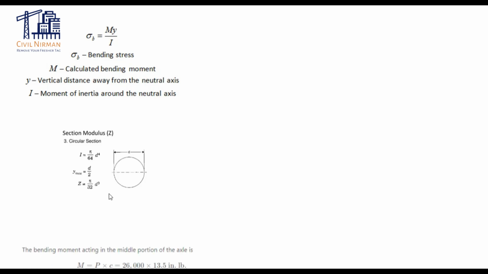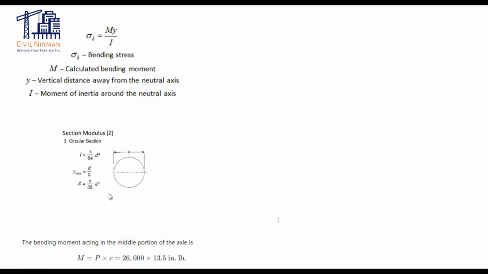So first you need to work out the bending moment, then you need to work out I and Y. For a circular element we already know that I is pi by 64 d raised to 4, and the section modulus will be pi by 32 d cube, right? So once you work out the moment value and the I value, you will be able to calculate your stress value, right?